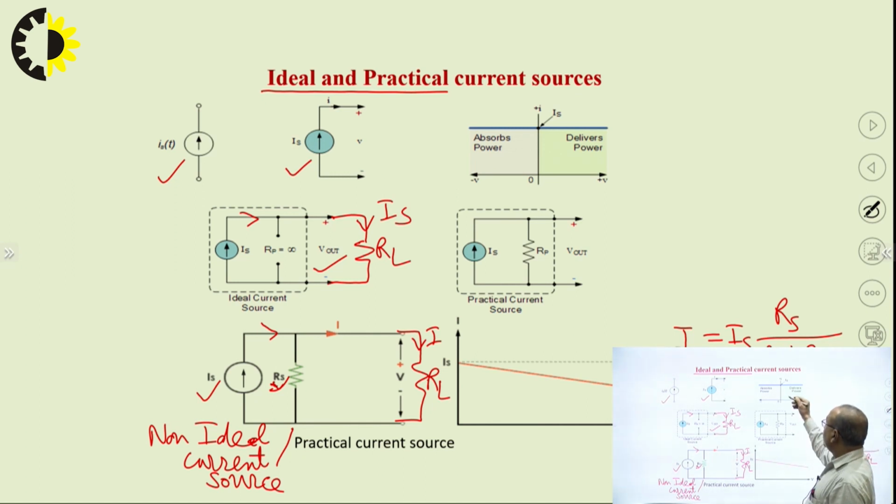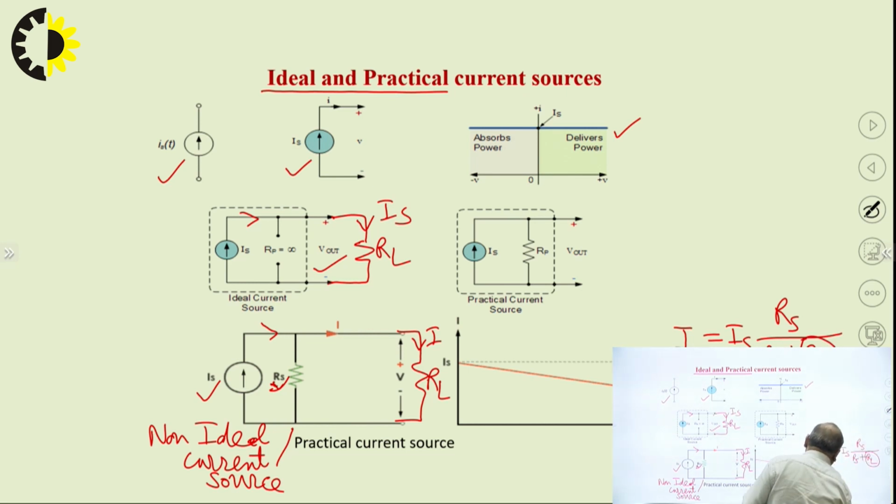In an ideal current source, since the internal resistance is infinite, the current in the load resistance is constant. This is the characteristic for an ideal current source: the delivered current is constant. While in the case of a practical or non-ideal current source, the internal resistance is connected in parallel with the source. That is why, with the increase in load resistance, the current passing through the load will decrease.